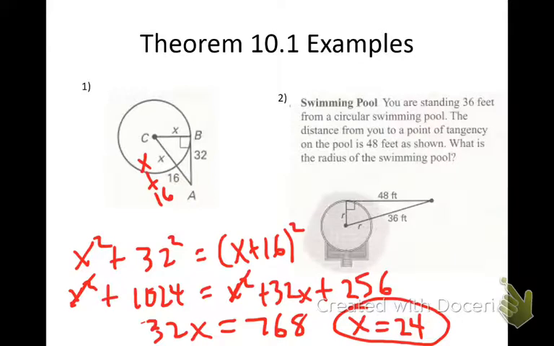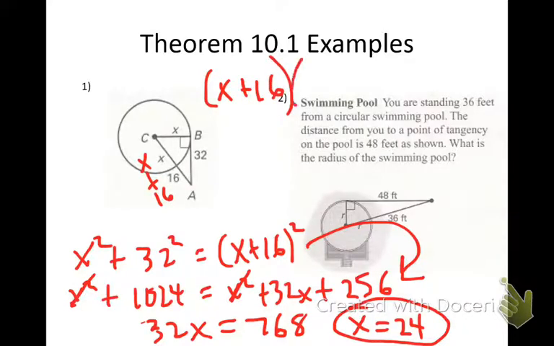Does everybody understand what I did going from this step to this step? I did FOIL. Let's review FOIL again. X plus 16, you can have an extra step in there if it helps you see it. It's x plus 16 times x plus 16. That's x plus 16 squared. So when I do FOIL, I take x times x, that's x squared.